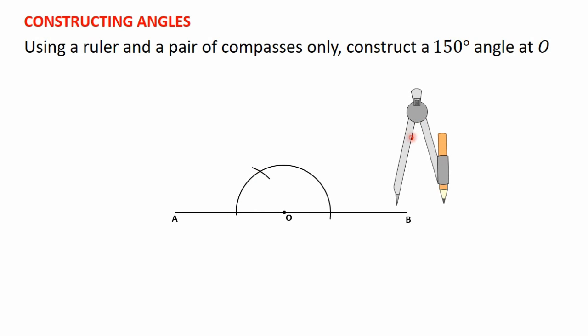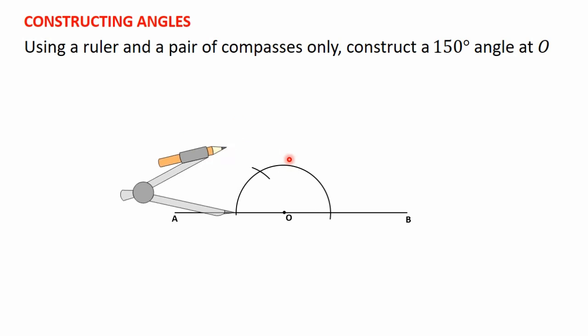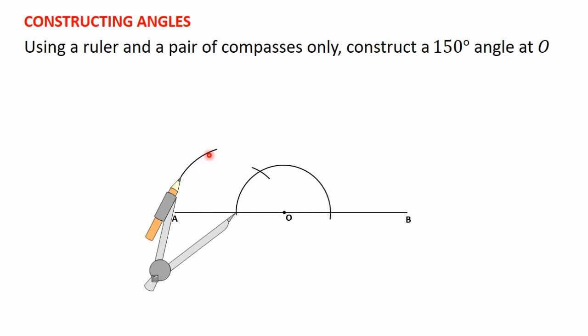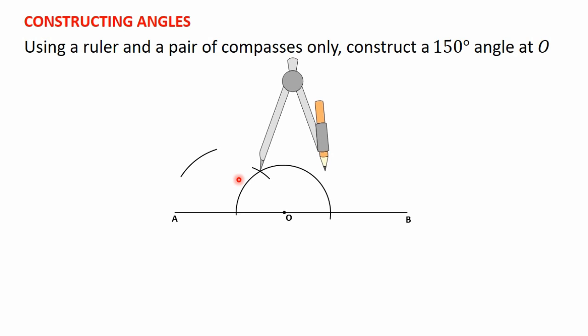To do that, you take the needle of the compass, then you put it on this point. You adjust the compass a little bit, then you turn it and construct an arc here. After that, with the same radius, you move the needle of the compass to this point.